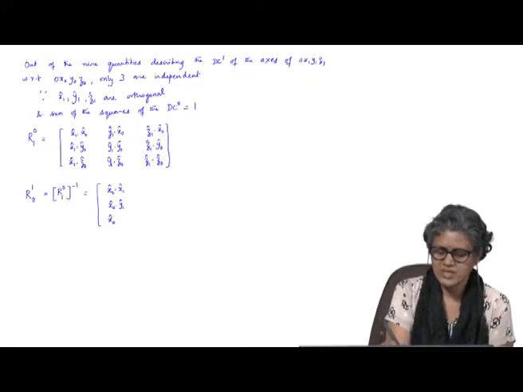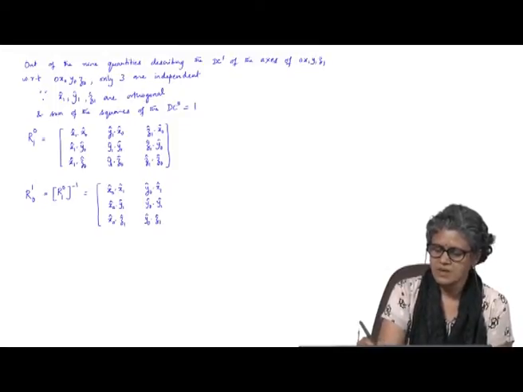So, I want the direction cosines with respect to x1 y1 z1, y naught dot y1, y naught dot z1 and z naught dot x1, z naught dot y1 and z naught dot z1.